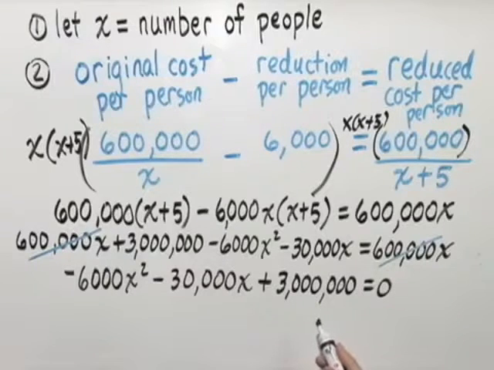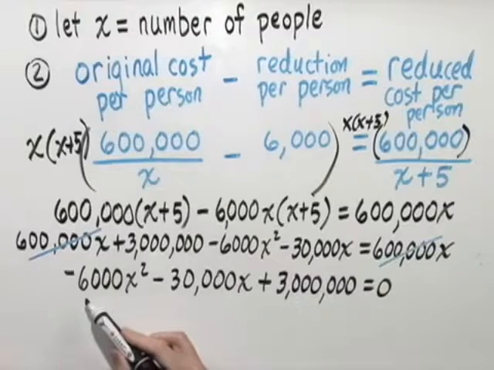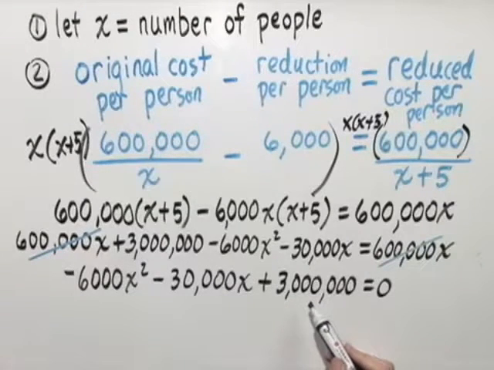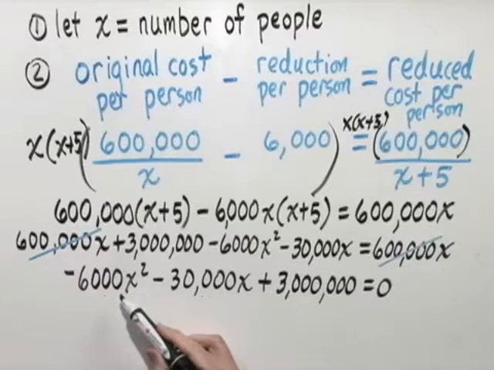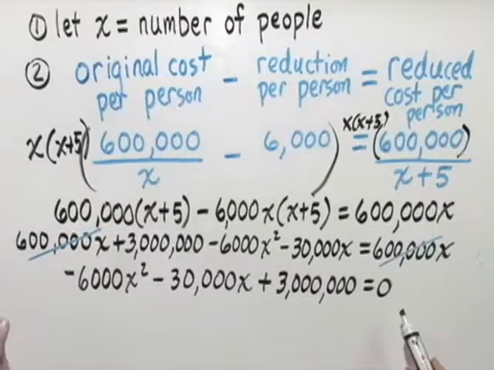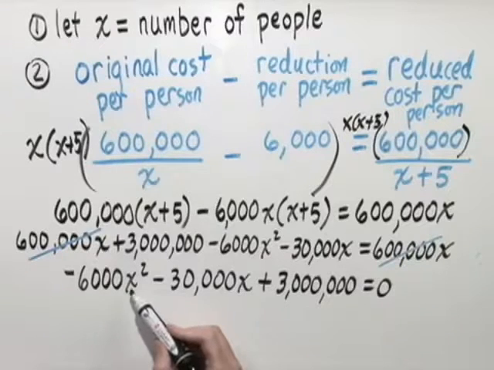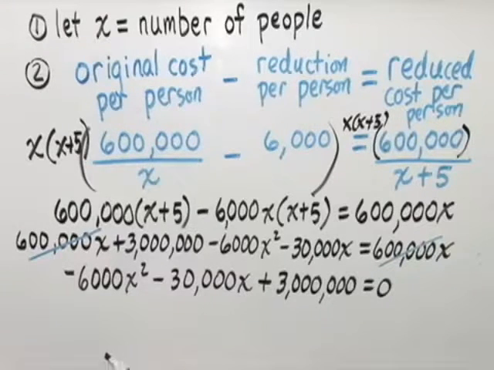These numbers are a little bit large to factor, so one thing we can do is notice that each term is divisible by 6,000, and I'm actually going to go through and divide each term on both sides by negative 6,000 so that my X squared will have a positive 1 coefficient.